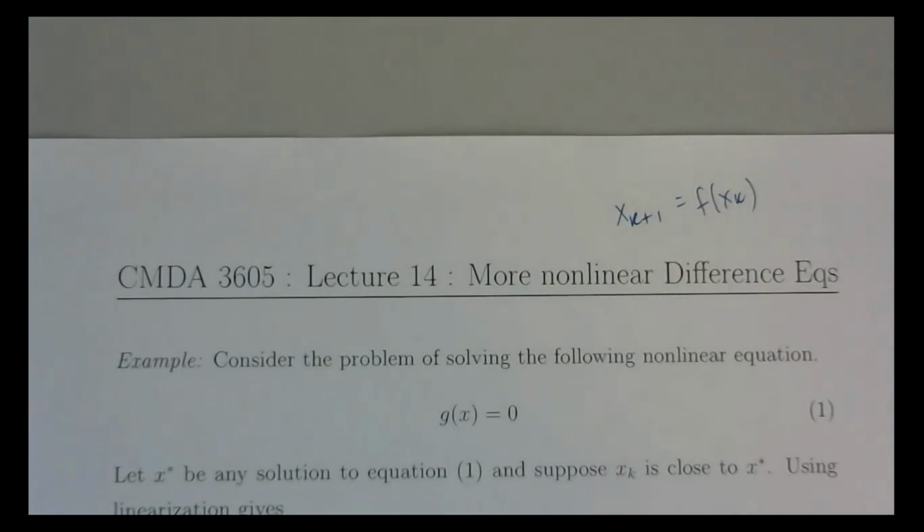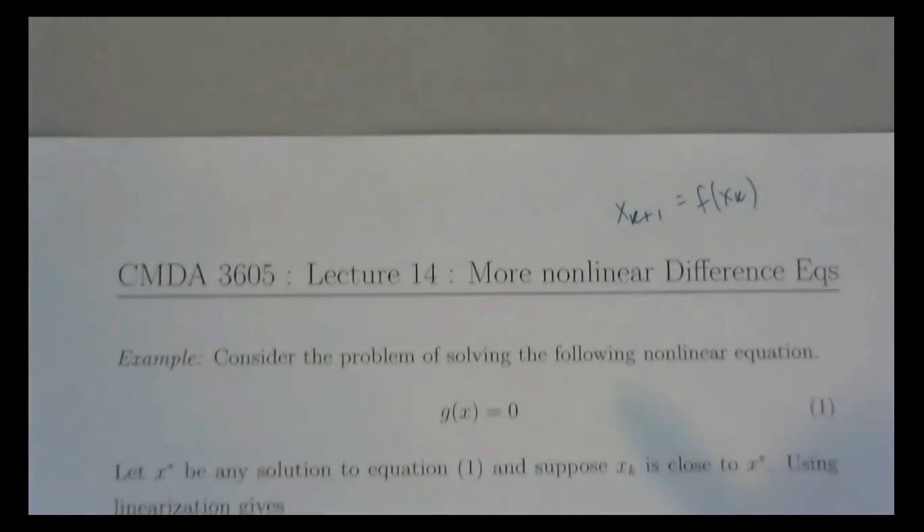So let's dive in a little bit more to understand how nonlinear difference equations work. Say I have the following nonlinear equation, g of x is 0, this guy here. And so we're looking for equilibria, right? So this would be like the right-hand side of the difference equation.